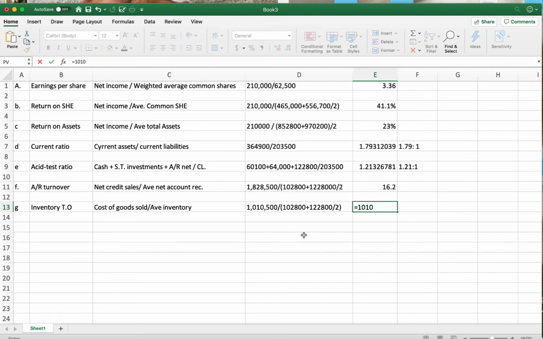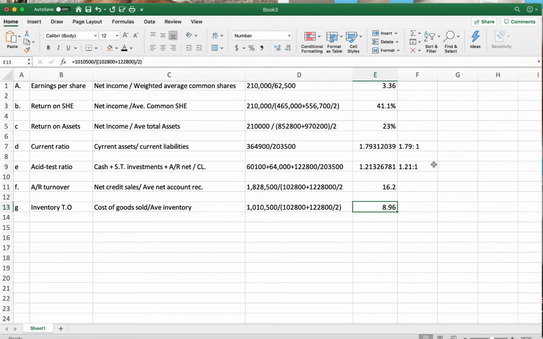So I do my $1,010,500 divide by open parentheses 115,500 plus 118,000 close parentheses divide by 2 close parentheses again, and I get 8.96 times, right?